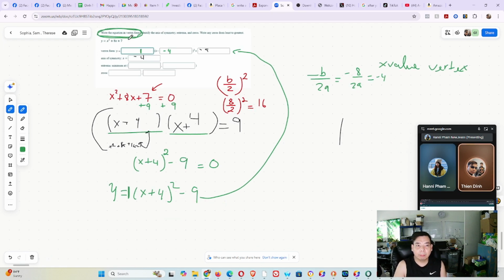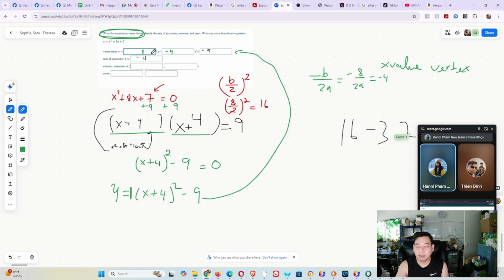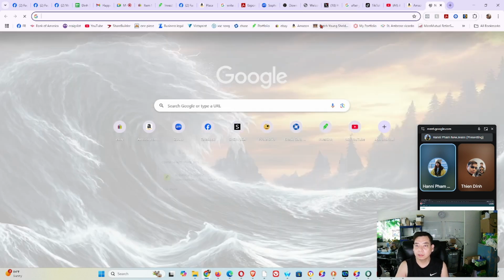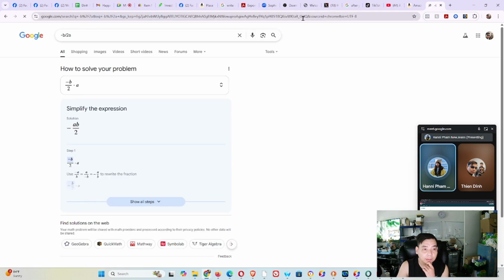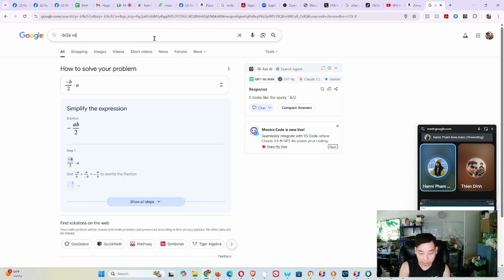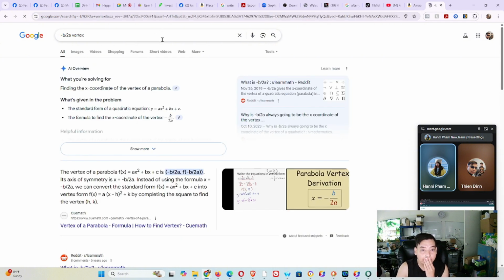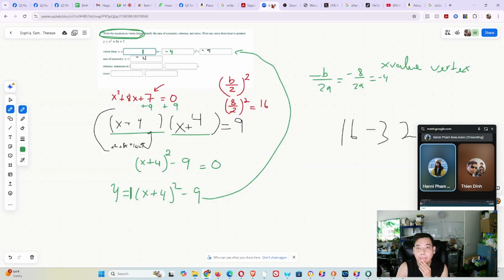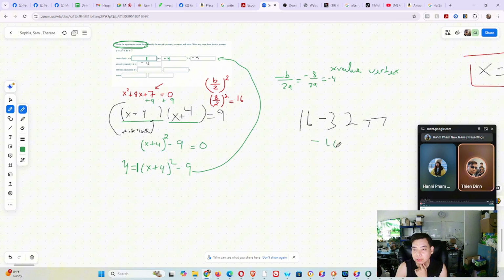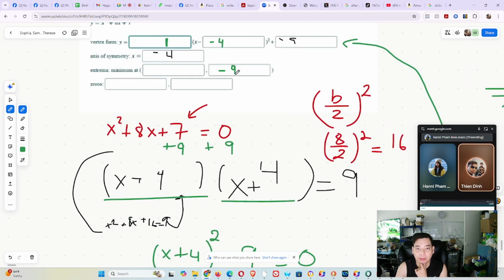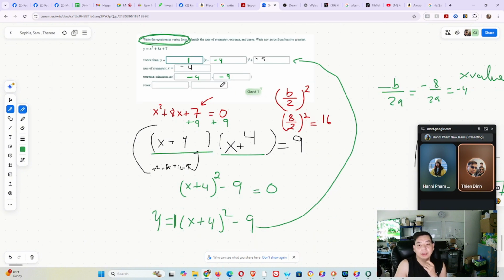So you gotta plug negative 4 back into your main equation. You got 16 minus 32 plus 7. 16 minus 32 is negative 16. Plus 7 is negative 9. So this is negative 4, negative 9. Okay. You got it.